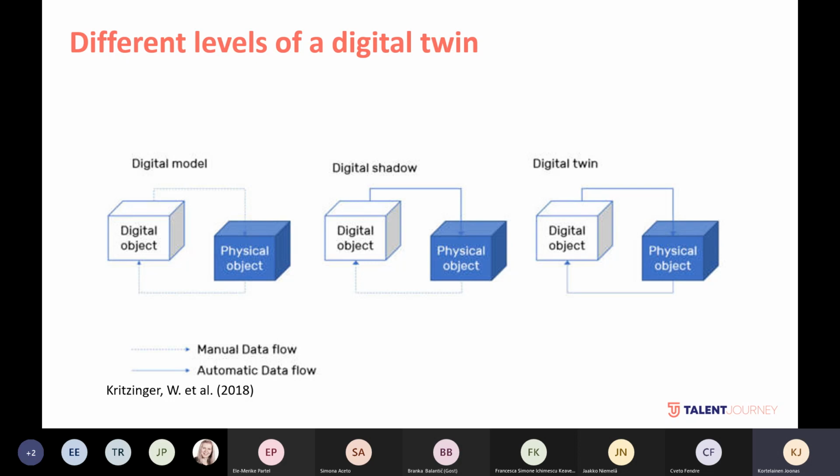And in this model, the changes in the physical object, so to say, do not in any way affect the digital model and vice versa. So whatever we do with the digital object does not affect the physical object itself at all, and whatever we do to the physical object does not affect the digital object at all, unless we force the change ourselves.